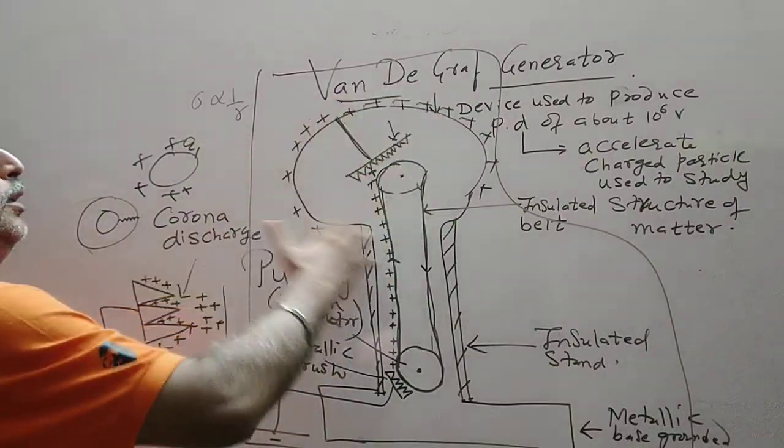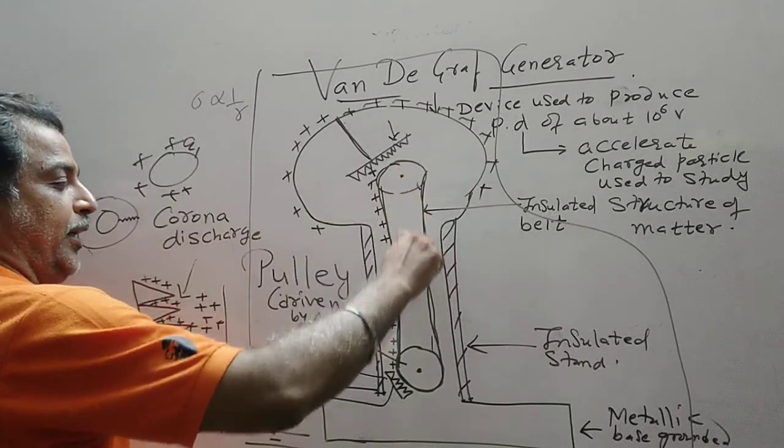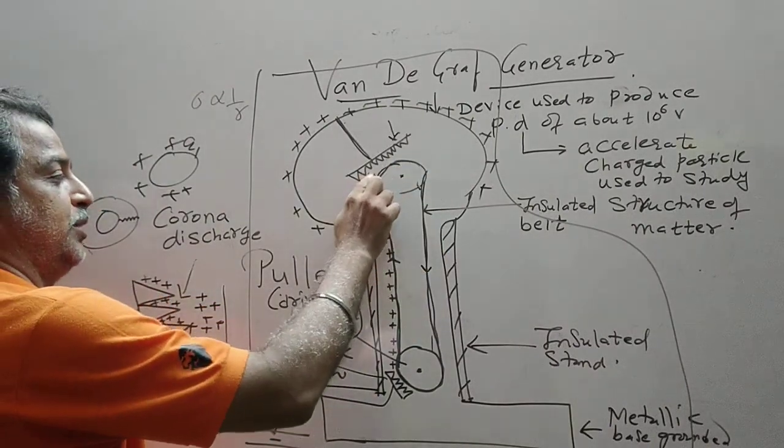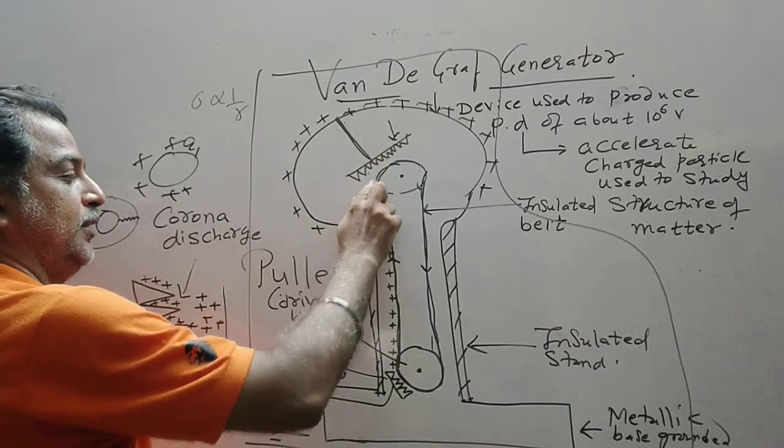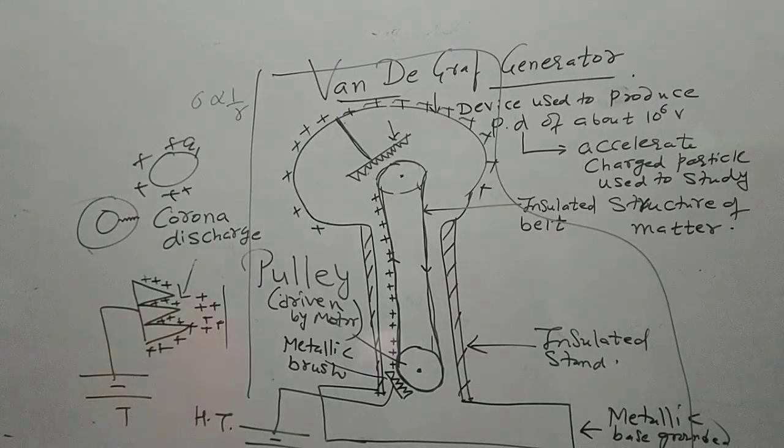So this is how the potential of the outer sphere starts rising, and the insulated belt on the other end is neutralized. This positive charge comes here, one electron comes here, and it is neutralized. Continuously the brush at the bottom keeps on spraying the charges. Thus the positive charge is transferred to the outer shell and produces a potential, and therefore we create a potential difference of a few million volt.